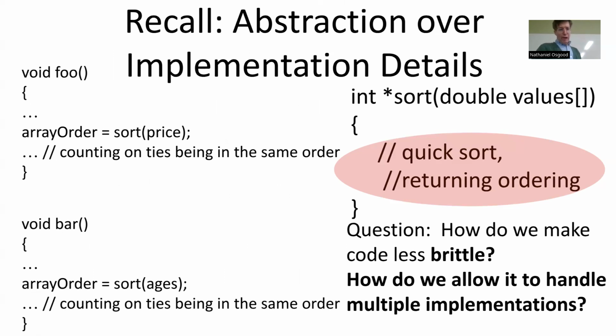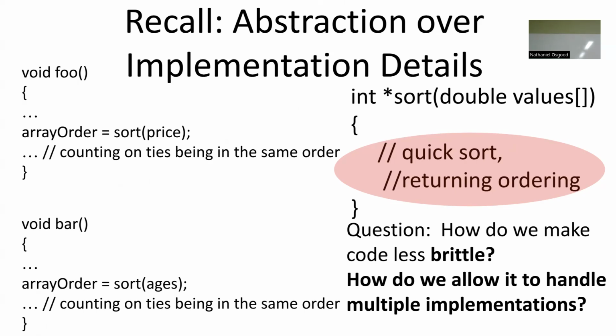So here, recall this, right? When I substituted quicksort for bubble sort, it's true it improved the efficiency, but it broke the code that uses it, or at least some uses. Because we didn't say what the user could count on with sort.